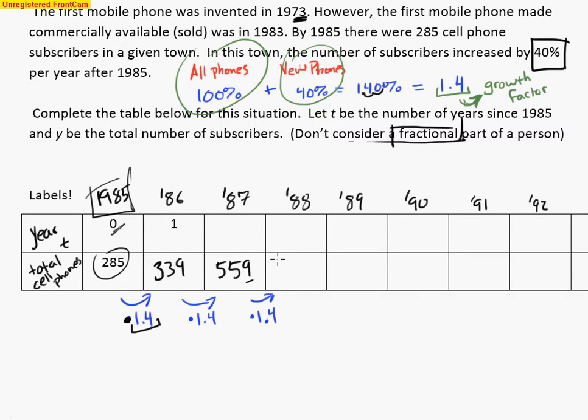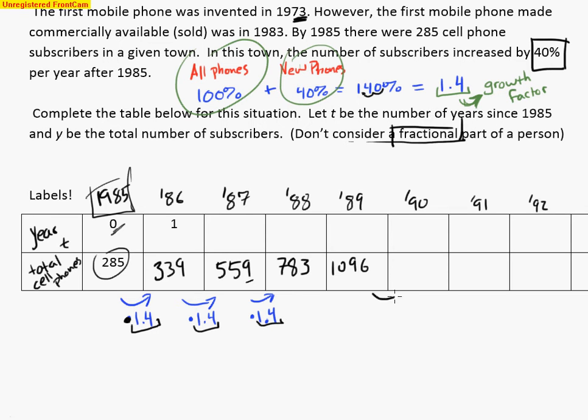Next, I should get 782, but that was a 0.6, so really I should round that up to 783. Then I'm going to get 1,906. What am I doing every single time? I am multiplying by 1.4, my growth factor.